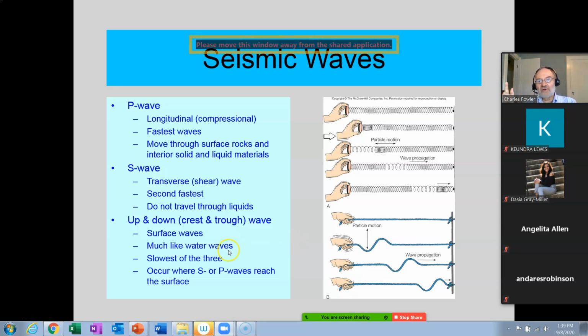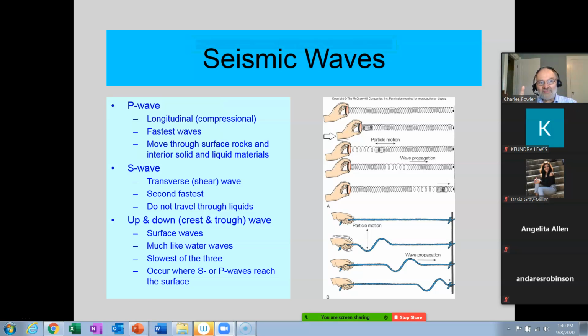Now, so P waves, pressure waves, longitudinal waves will either move through solids or through liquids. In fact, I don't even like to use the word liquids. I would say fluids. You might say, hey, isn't that the same?